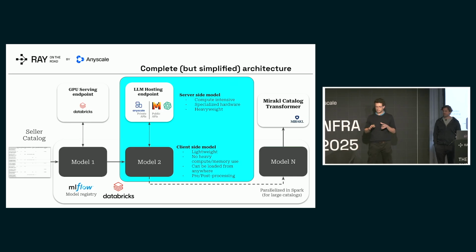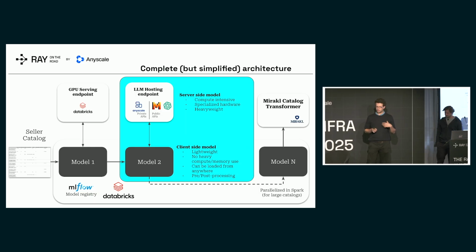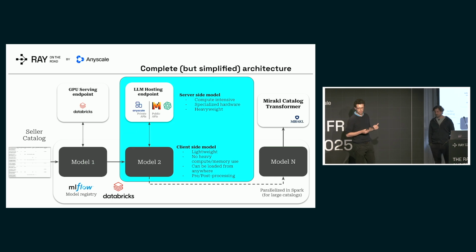And what we've done is that we've separated the tasks and the models into two types of models. We have what we call the client-side models, which are really lightweight and can be loaded from anywhere, and which have basically all of the business logic. And everything that is compute intensive is deported into different endpoints that are accessed through APIs.